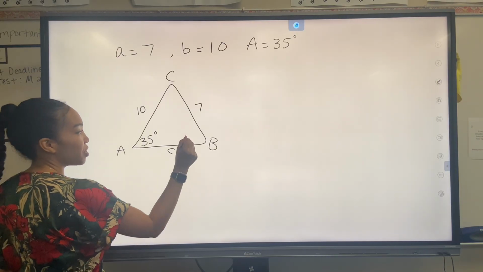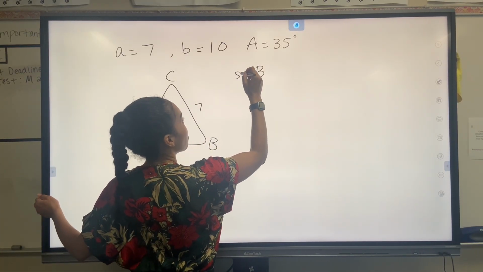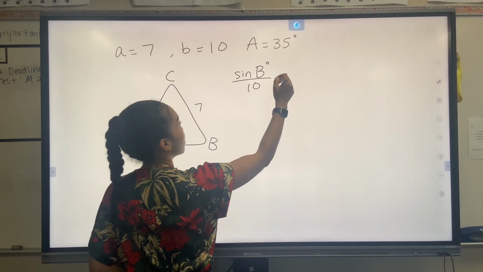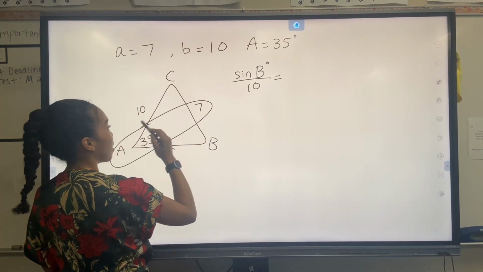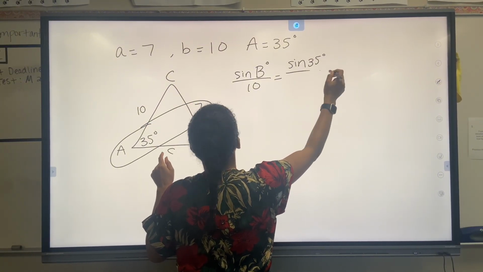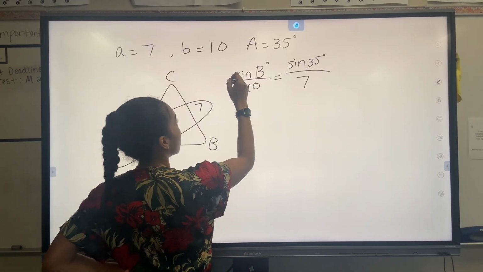So the first step, you need to find this missing angle. So I want to find angle B, so sine of that angle over its side is equal to this pair that we already have. So sine of 35 degrees over 7. So we're going to solve for angle B.